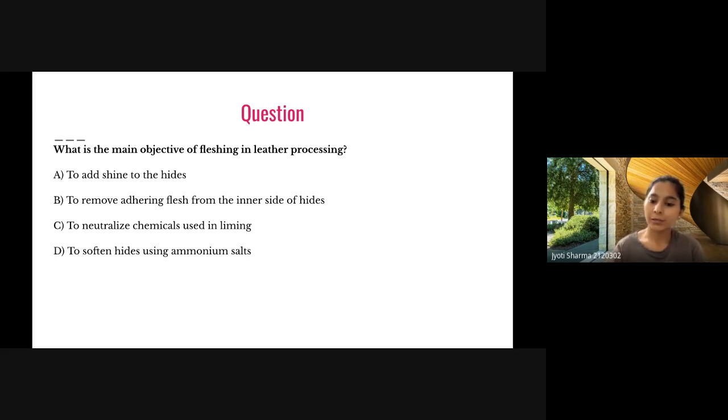Sagar also gave me B. So yes, why are we using fleshing? Because on the inner side of the hide we also have some flesh, and that flesh of the animal we need to remove so that we can have solid hide. So we are fleshing out the inner side of the hide.